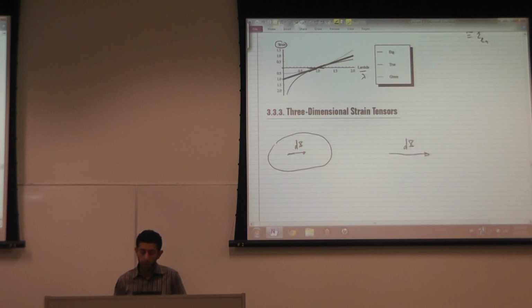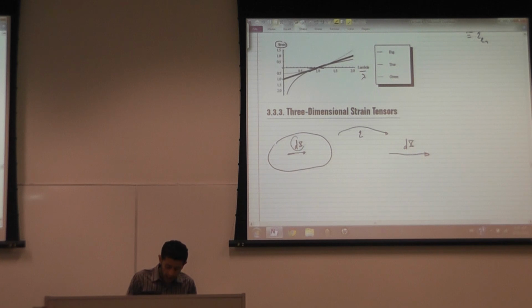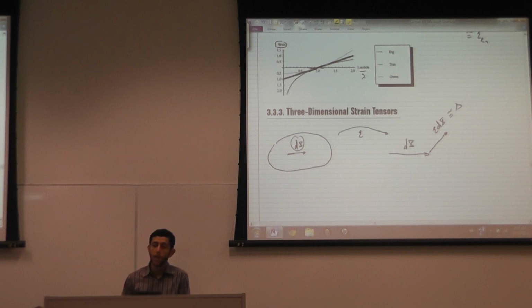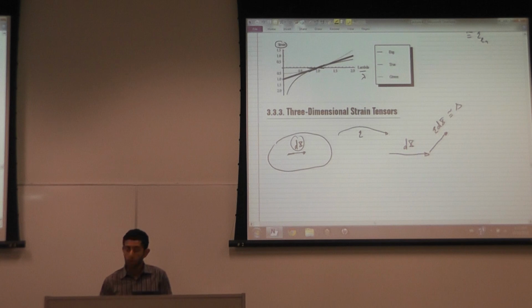The function of the strain matrix is when I multiply epsilon, the strain matrix, by dx, I get what is equivalent to delta, but in vectors. It's the three-dimensional vector that gives me, in a uniaxial case, delta. In a three-dimensional case, it gives me a vector that corresponds to how this new vector has changed.